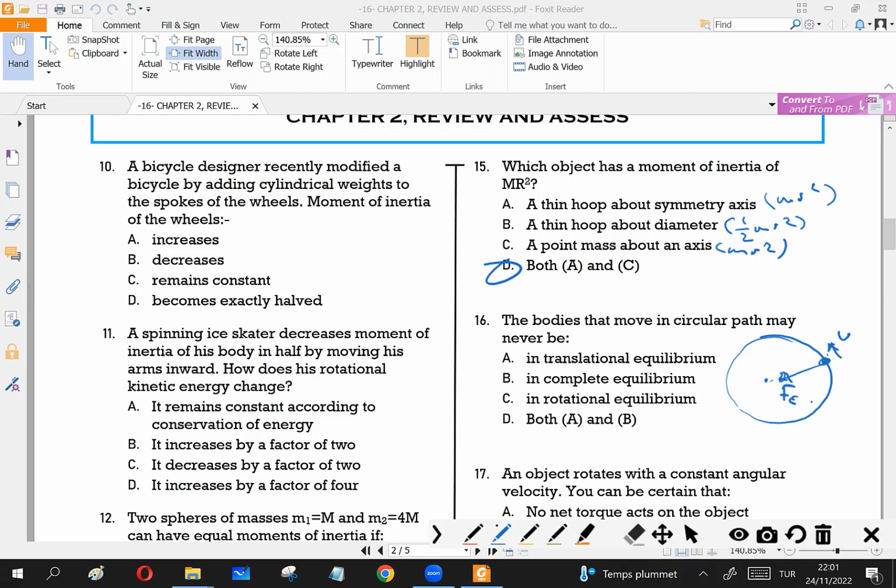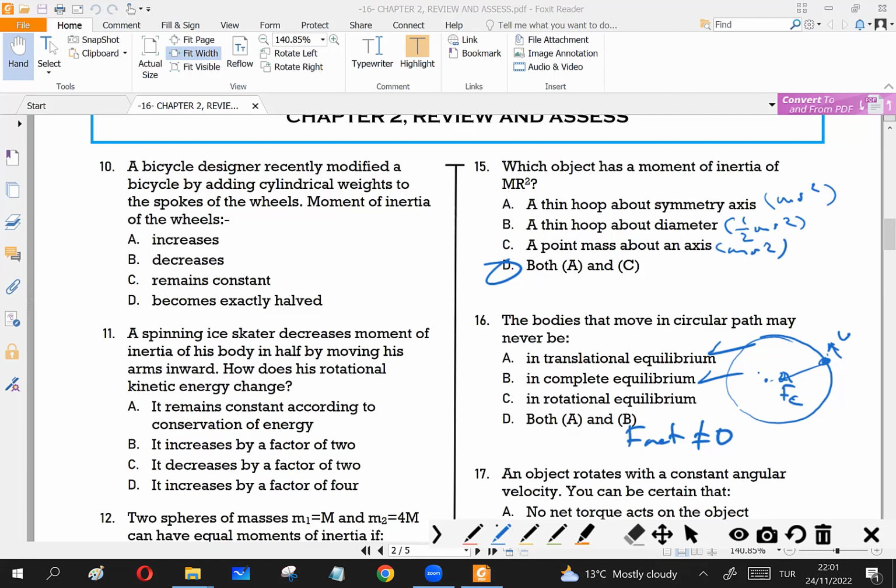There is a resultant force, so net force is not equal to 0. If net force is not equal to 0, translational equilibrium is not possible. If translational equilibrium is not possible, complete equilibrium is also not possible, because complete equilibrium requires both rotational and translational equilibrium.